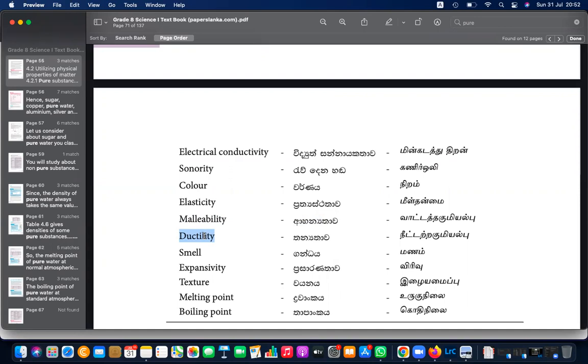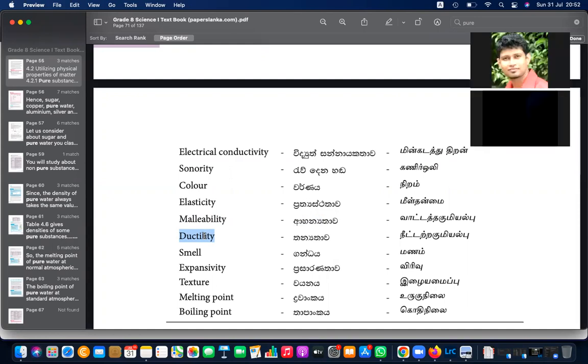Please just see the book and explain. Ductility is the ability to be drawn into a wire without breaking. Malleability is the ability to be hammered into sheets without breaking.